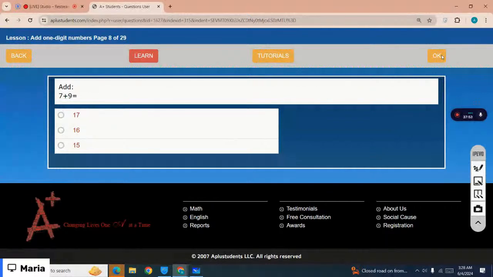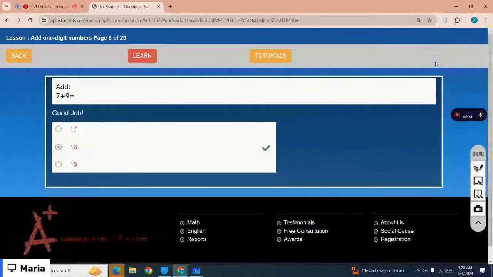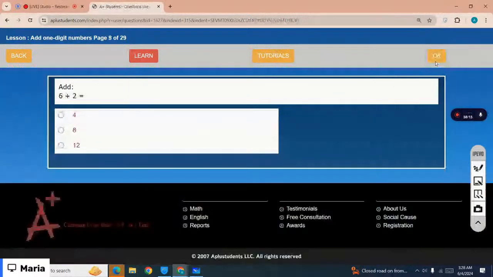Seven plus 9 equals, yes, 16. The correct option is 16. The next one is 6 plus 2. So which is the correct option?